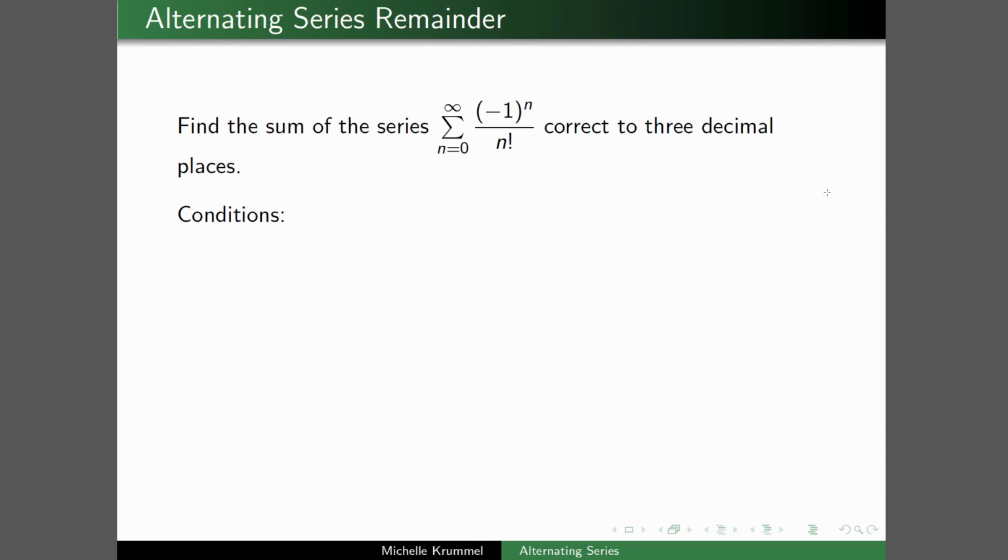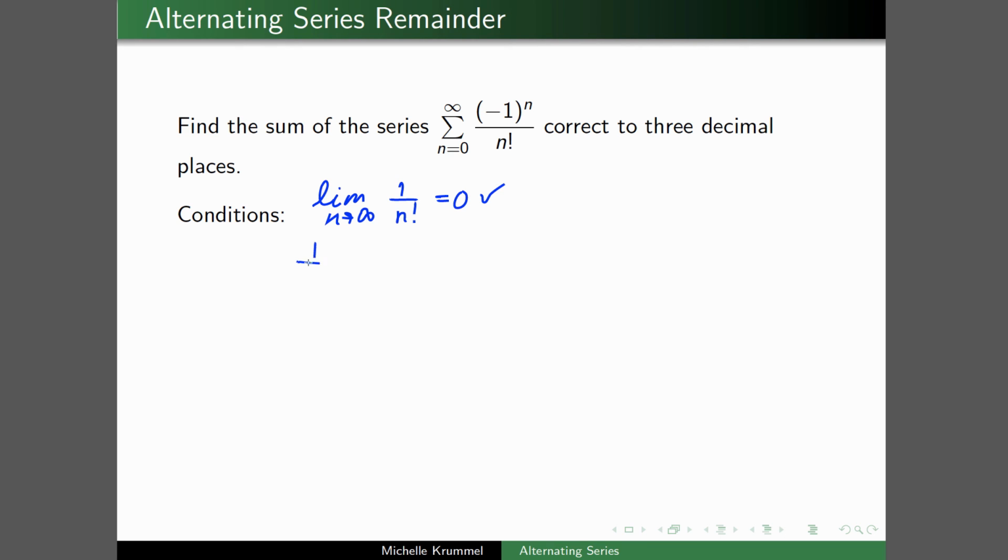For our last example, we're going to find the sum of the series correct to 3 decimal places. This is an alternating series. Our a sub n is 1 over n factorial. So first let's check to make sure this is a convergent alternating series. We find the limit as n approaches infinity of 1 over n factorial, and that is 0.